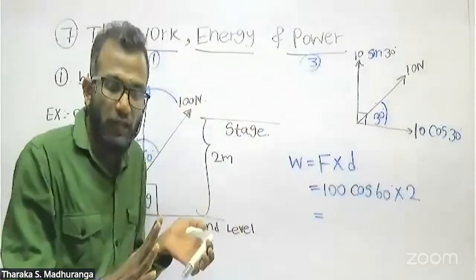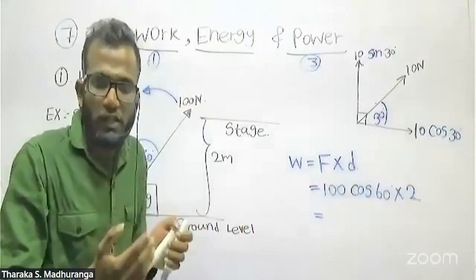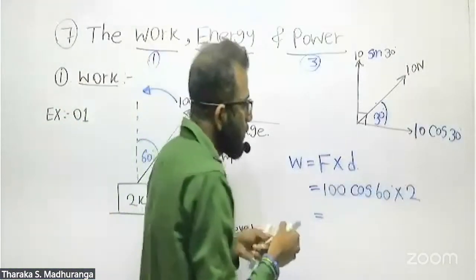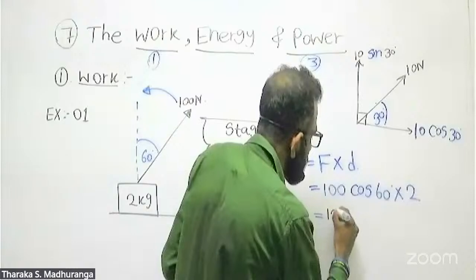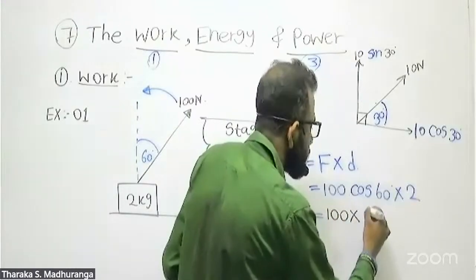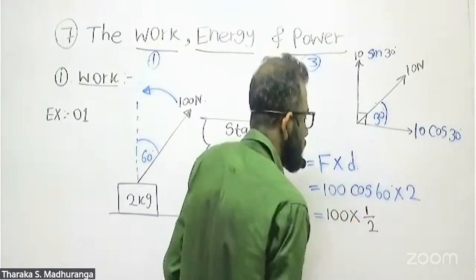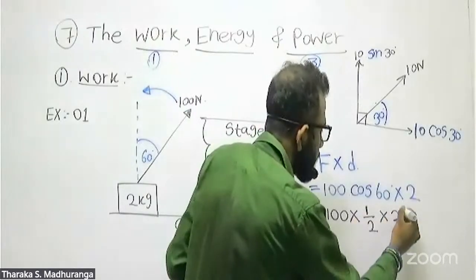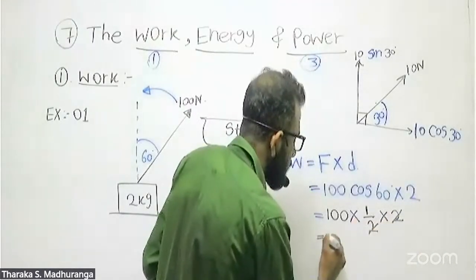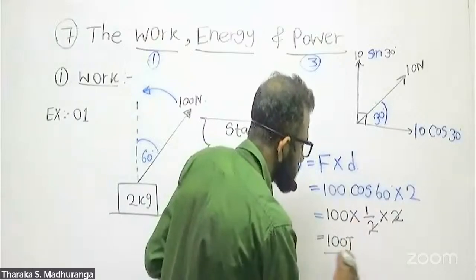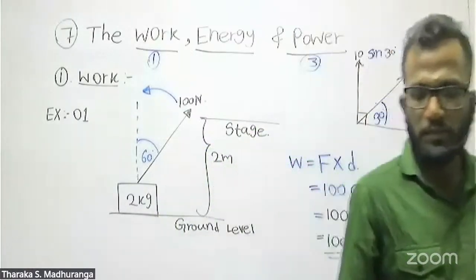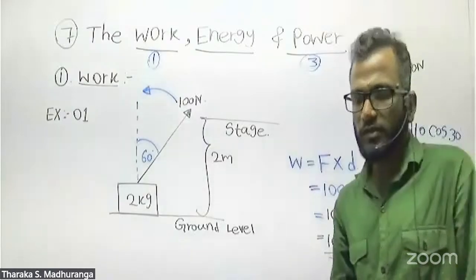If it is not a standard unit, we first need to convert it into a standard unit and substitute. Then 100 cos 60; you can get it from the table. Cos 60 equals half, multiplied by 2. The 2s cancel out. 100 joule is the answer.